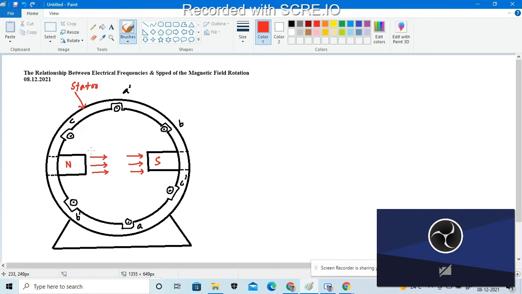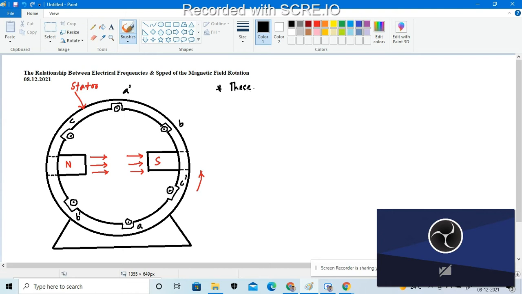So these two magnetic poles will complete one mechanical rotation. If our rotation is in an anti-clockwise direction, right? You have to remember these things, that these two magnetic poles, the north pole and the south pole, keep remembering this.